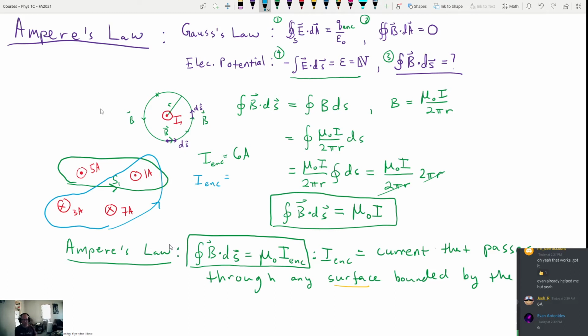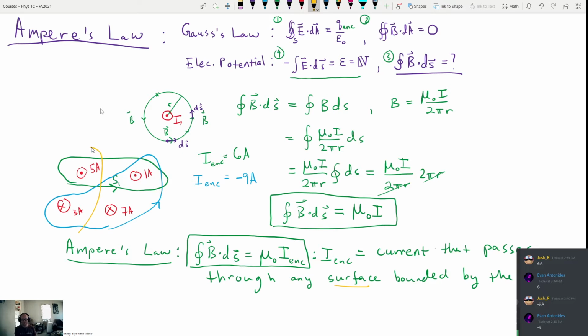If it comes out, it will be positive. Okay? How much current is enclosed by that path? -9 amps. -9 amps, that's right. Because you take 7 plus 3 is 10, but they're both in, so that's -10 plus 1 is -9, right?